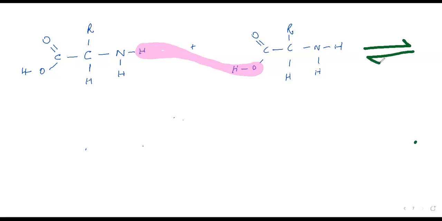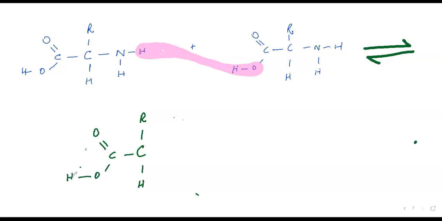You're going to have, let's draw the first amino acid. This is my first amino acid. Now, this first amino acid has an R group, hydrogen. I will draw the COH on the side over here.